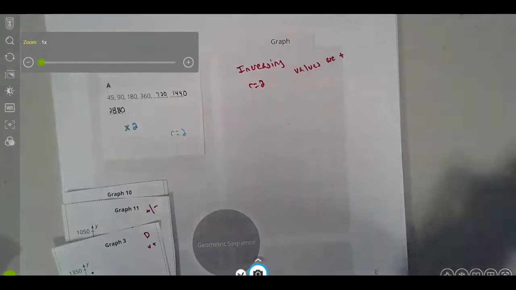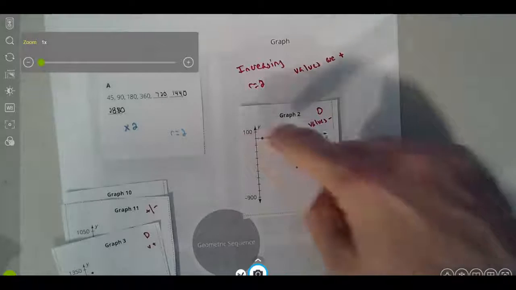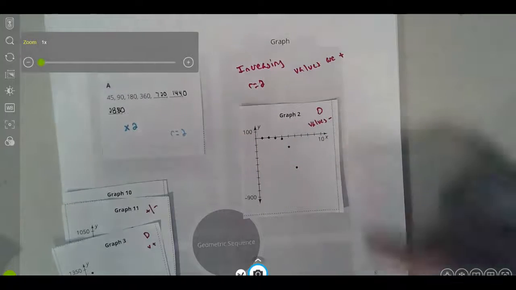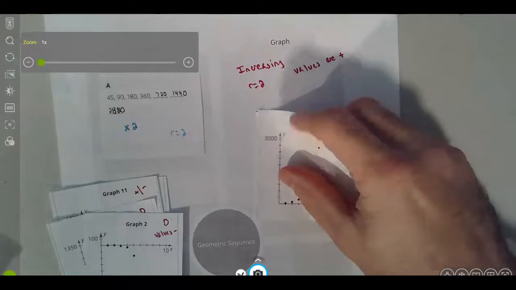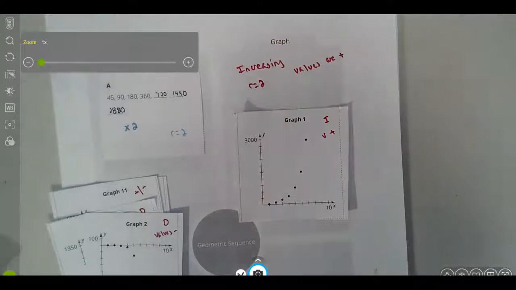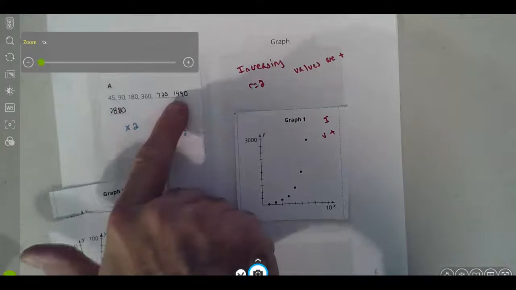Okay, so let's look at graph 2. Well, all these values are decreasing. They're getting smaller. So that's not going to work. Here, let's see what happens here. If I look at graph 1, are my values increasing? Yes. Are all of my values positive?